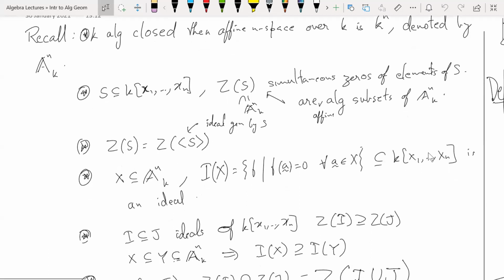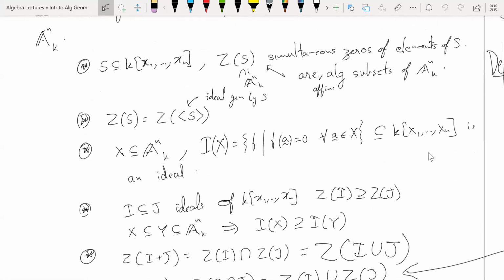And we also defined an operation in the other direction. Given an ideal in the polynomial ring, you can associate a zero set in affine n-space, which is an algebraic set.